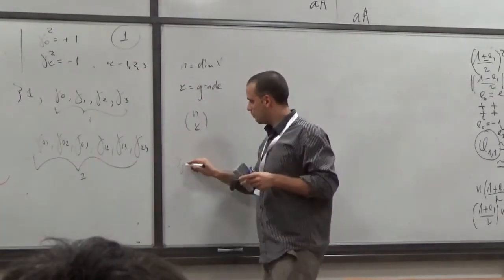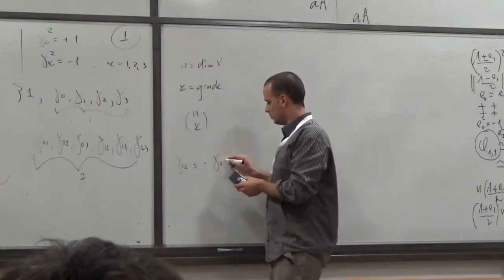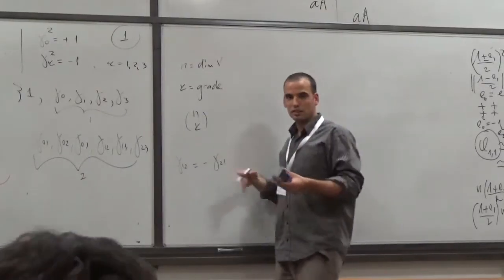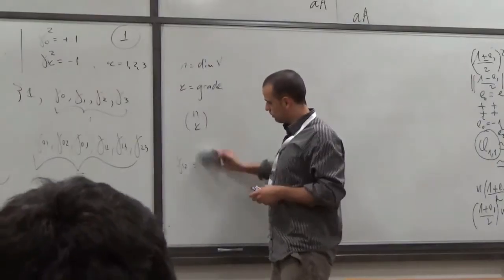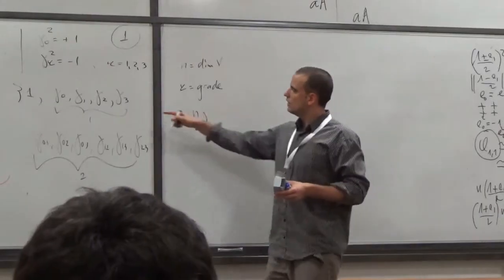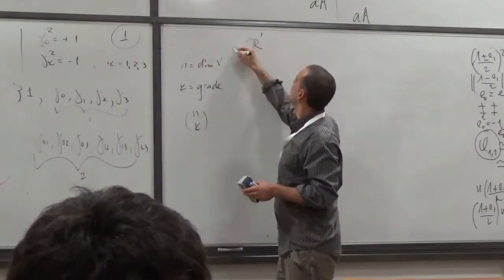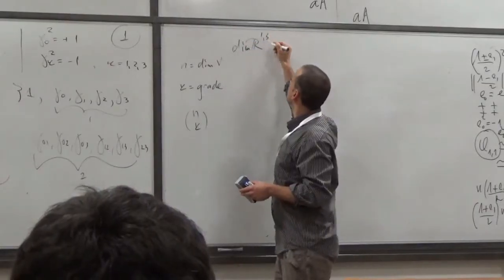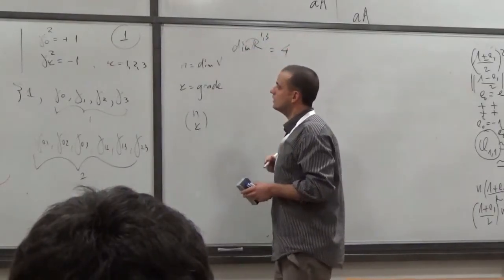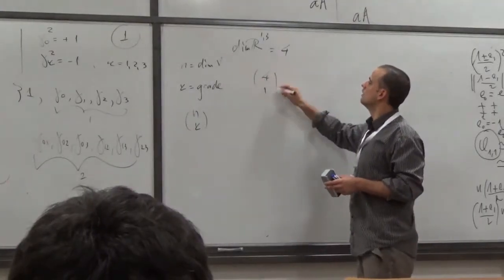If you have gamma 1 2, this is obviously gamma 2 1, the same thing up to a sign. So here our dimension is 4, right? For grade 1 we have 4.